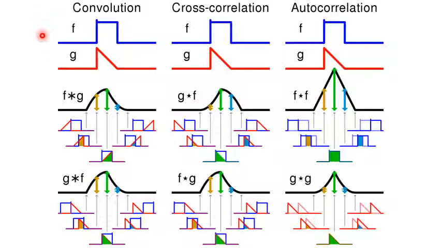To calculate the convolution, we first reverse the signal g, and then calculate the product of g and f, and then we shift g. So the new signal is the integral of the product of f and the reversed g.